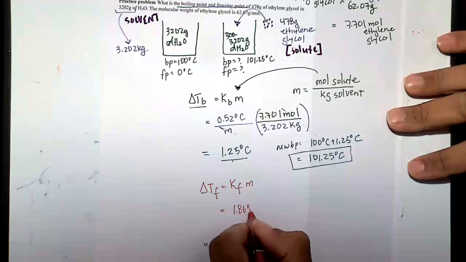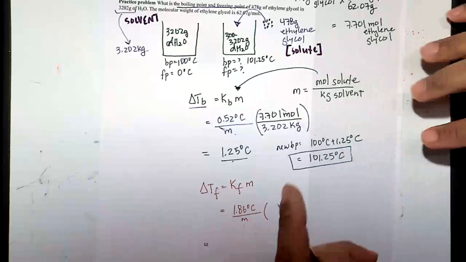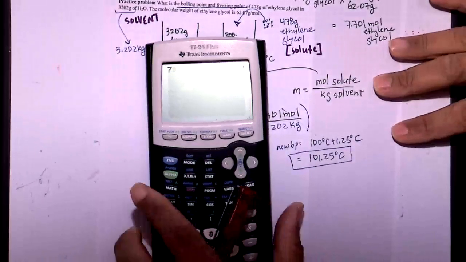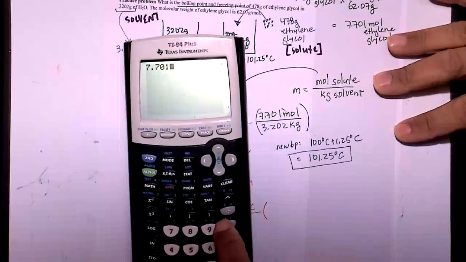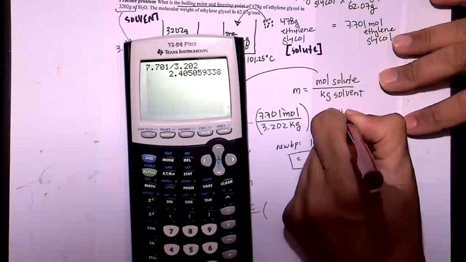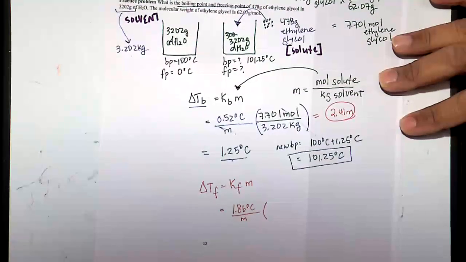So 1.86 degrees C over molality, divided by, let's just do this for a second here, 7.701 divided by 3.202 is 2.41 molal.